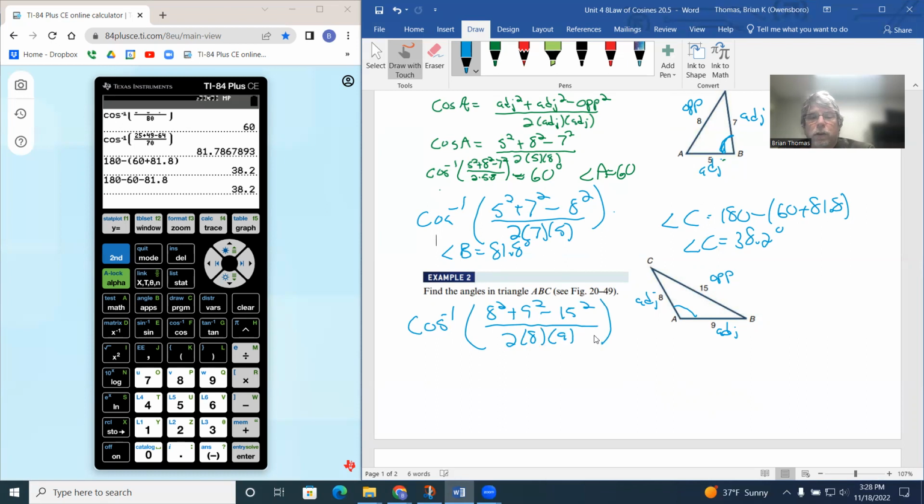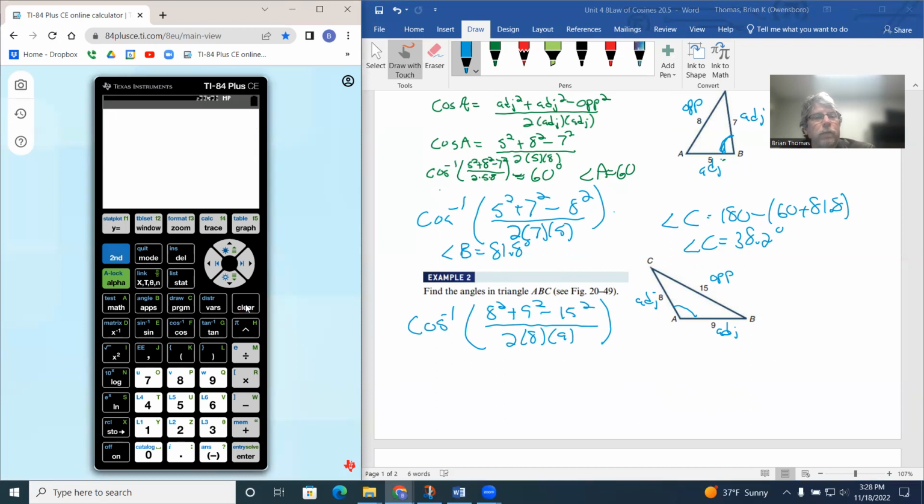Let's see, we get our answer. So inverse cosine, let me clear this off, it's getting too busy. Inverse cosine, and I'm going to use the alpha button, alpha F1, number 1.